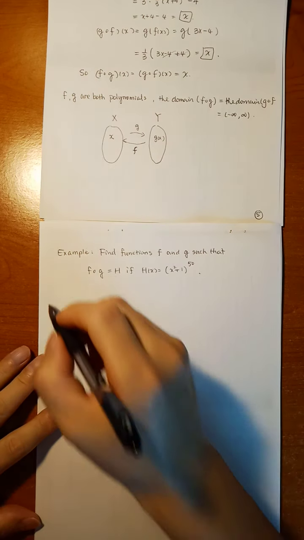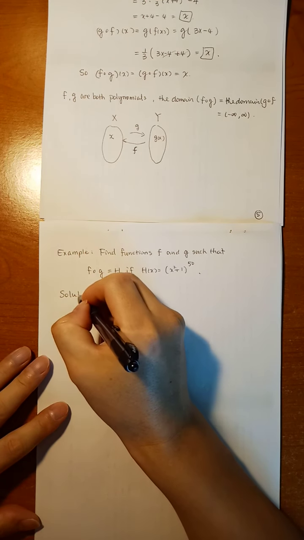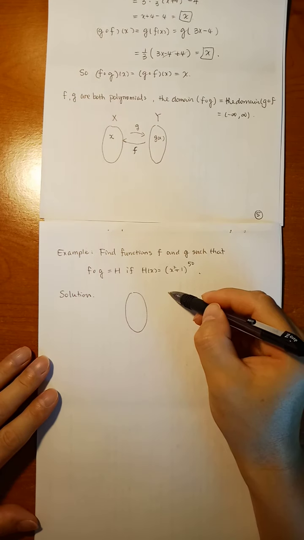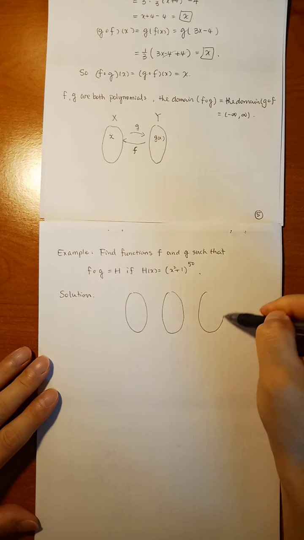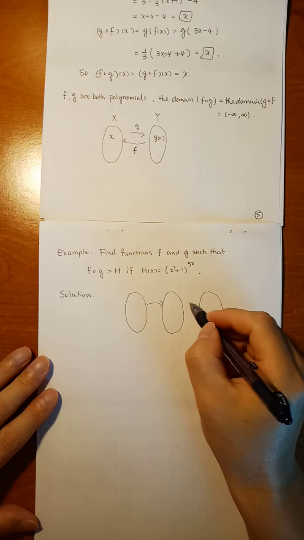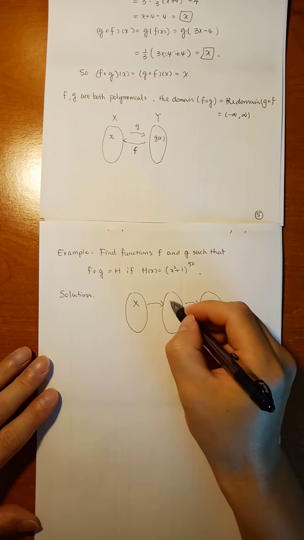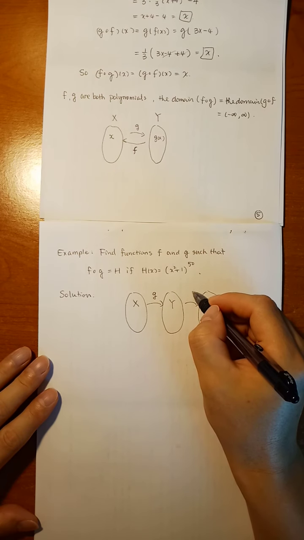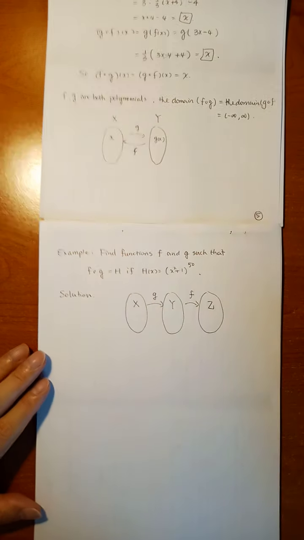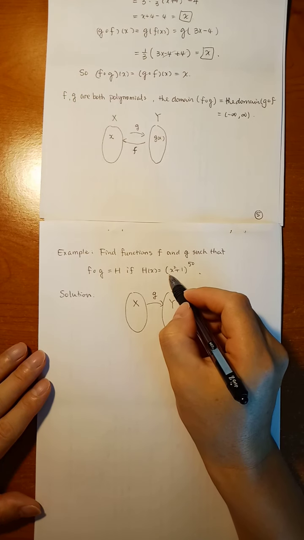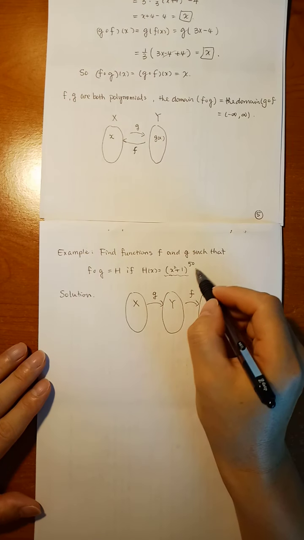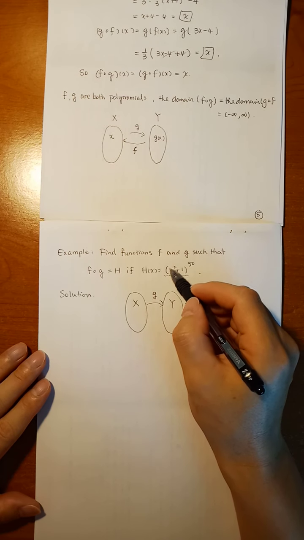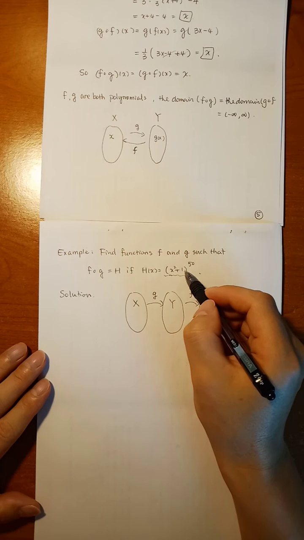So how do we do it? Remember we mentioned what a composite function is. A composite function is like the steps between the sets. You apply the first operation, the first step, and you apply the second operation, the second step. So here, if we study this function, we will figure out the first step we apply is x squared plus 1.